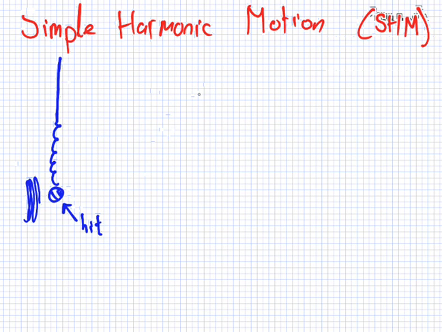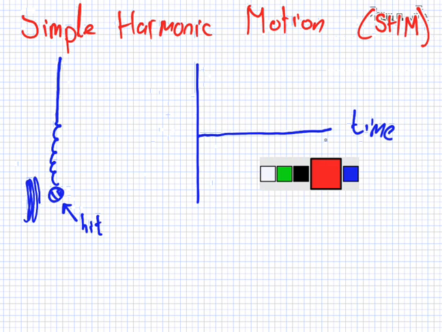So let's have a look at the graph. Let's imagine I hit the spring here. It goes faster, faster, faster, then it slows down, and then it goes back down.